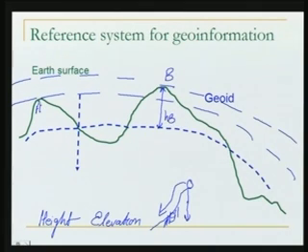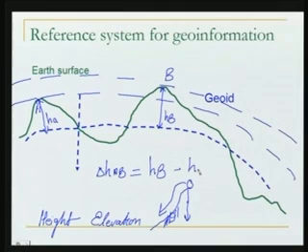Similarly, for point A, we can write this as HA. Well, the difference between these 2 points, if we write it as delta HAB, then that will be equal to HB minus HA.